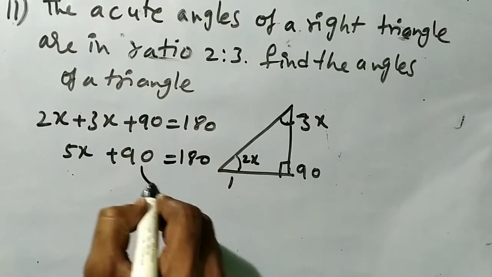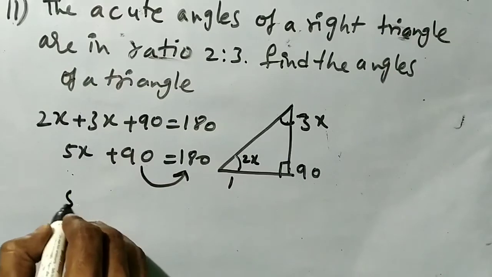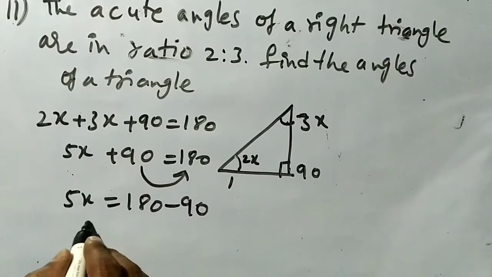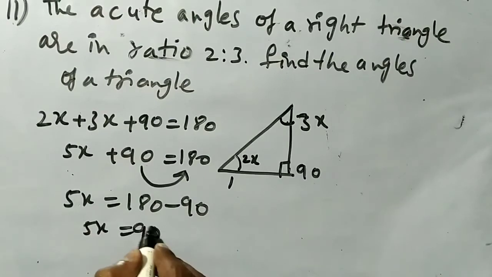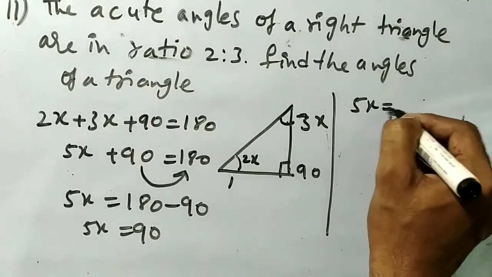When 90 goes to the RHS, it becomes minus: 5x is equal to 180 minus 90. 180 minus 90 is equal to 90. So 5x is equal to 90.